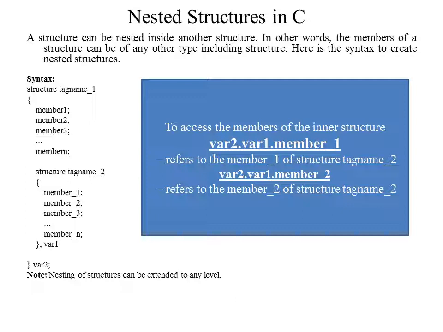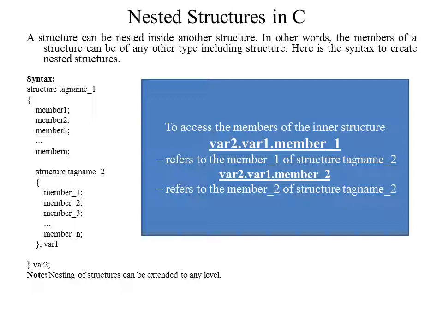This is an error: variable var1 is declared of tag name 2, and a semicolon should come after that and not a comma before that. This is a typing error, you can well relate to it.